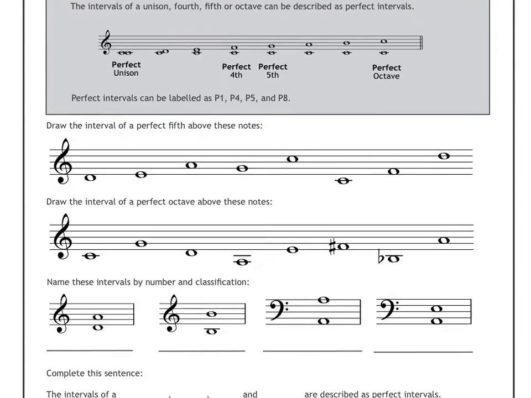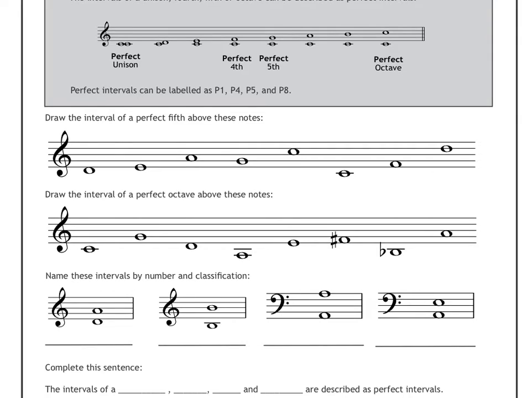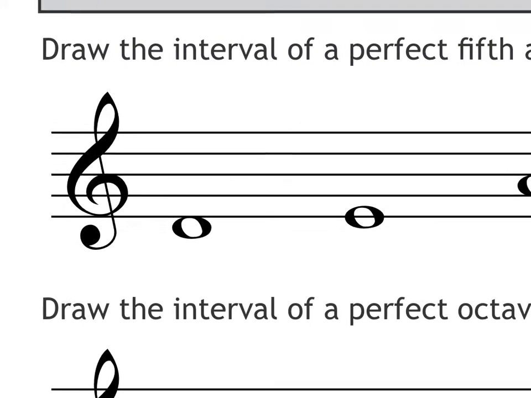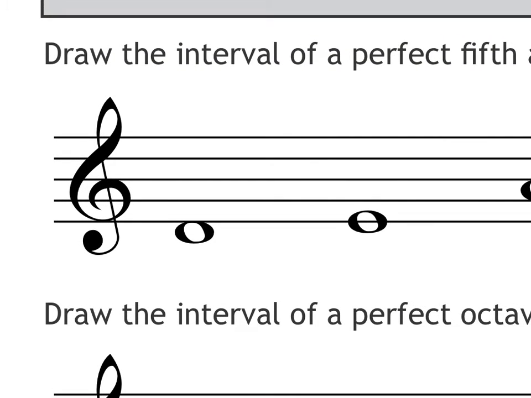All right, so your little task is to draw the interval of a perfect fifth above these notes. We'll do the first two with you. So when I count, I need to count the interval of a fifth above this bottom note. Remember, I always count this note as 1. So 1, 2 is the line, 3 would be on the space, 4 on the line, 5 on the space. Right there on that second space, that A space, that is the distance of a fifth above my bottom note.